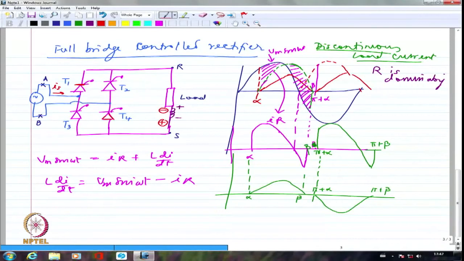The supply current will reverse its direction if I am switching the conduction from T1 and T4 to T2 and T3, because with T2 and T3 the current will always flow like this, in the opposite direction. It cannot flow in this direction, like what I showed earlier.